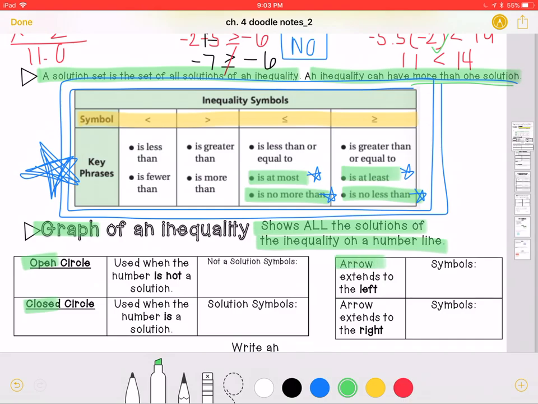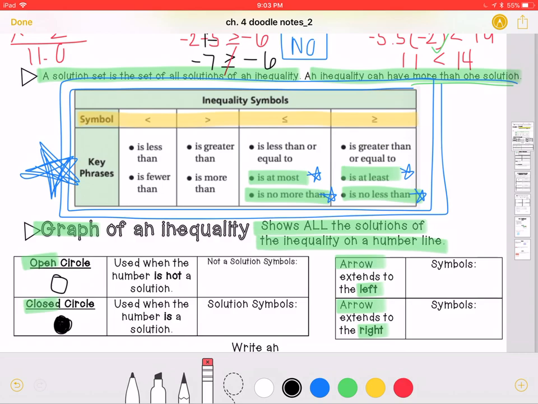It's either going to go to the left or it's going to go to the right. When a circle is open, you would mark it and it would stay open, exactly how it sounds. If it's closed, you're going to draw that circle, but then you're going to shade it in. You're going to fill it in. That's a closed circle. So closed versus open.